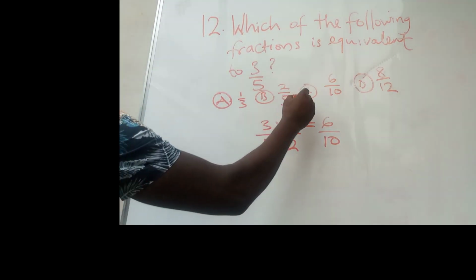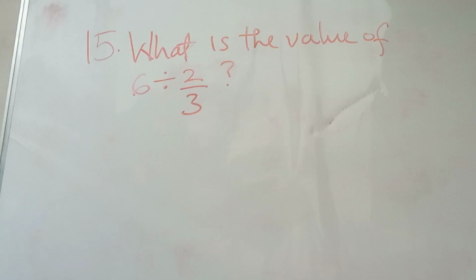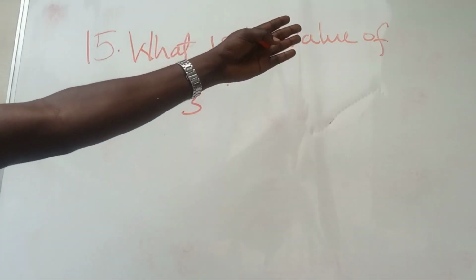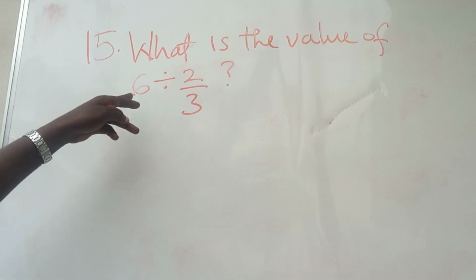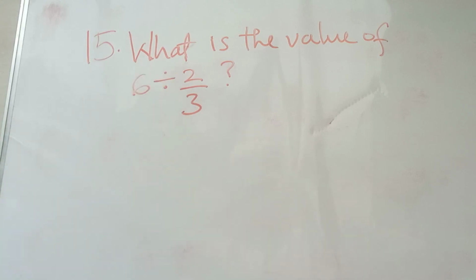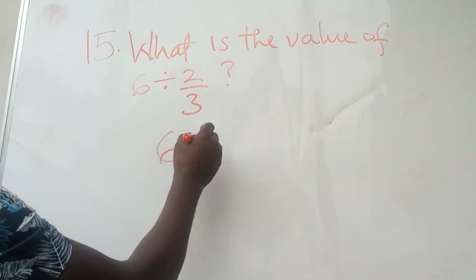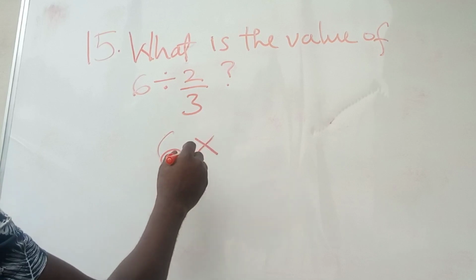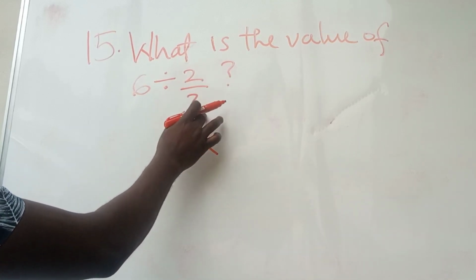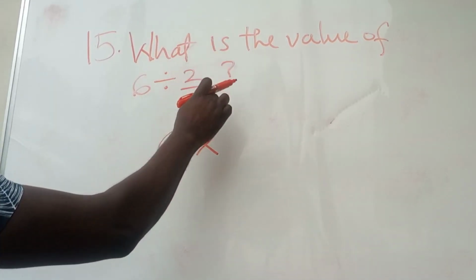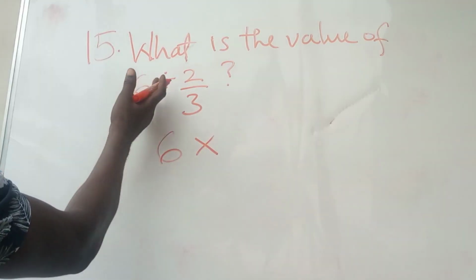That's the answer, C. Yeah, the next question says, what is the value of 6 divided by 2 over 3? Very, very simple. Whenever you are confronted with something like this, the denominator will go up, the numerator will come down, because you cannot solve it like this.